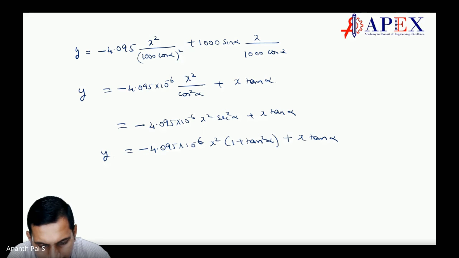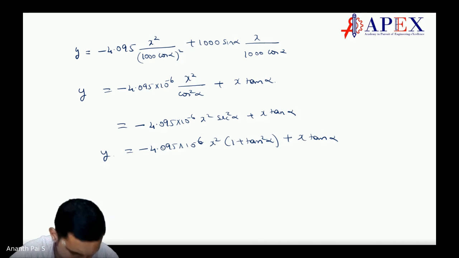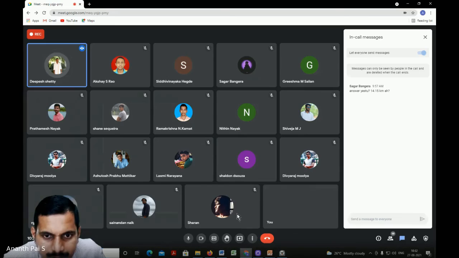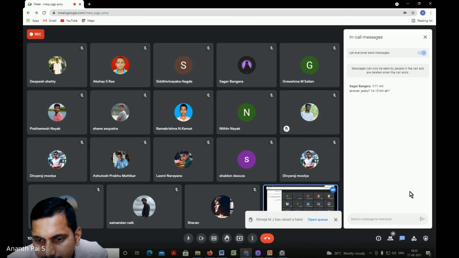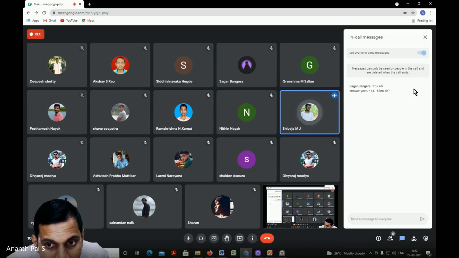How many of you did not understand this? Raise your hands. Everybody understood? Good. Shiveja understood? Did not understand? No, sir, it's 4.905, no, sir. You have written 4.095.